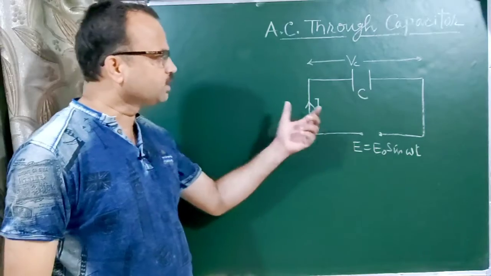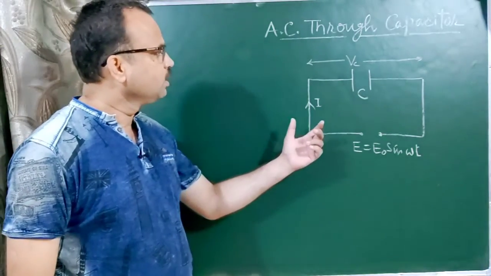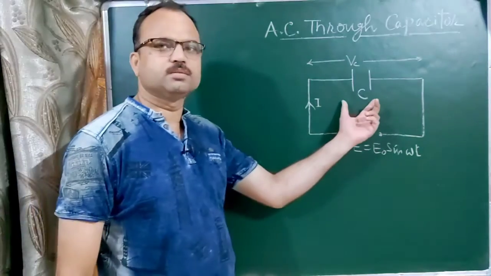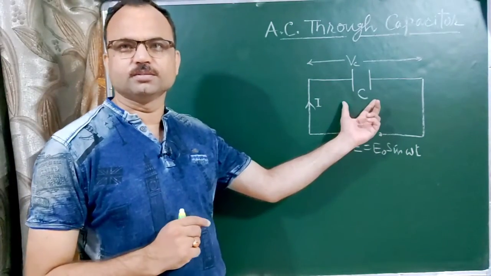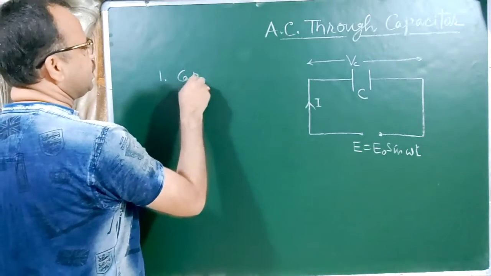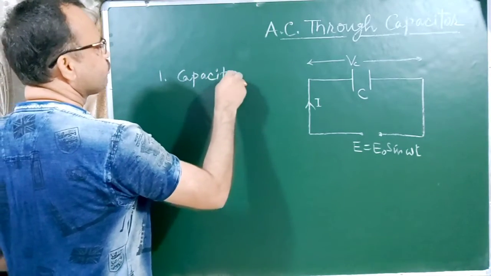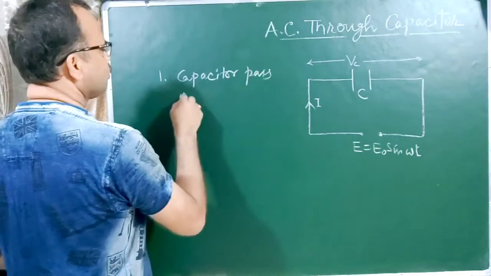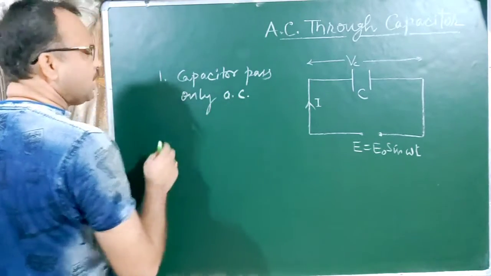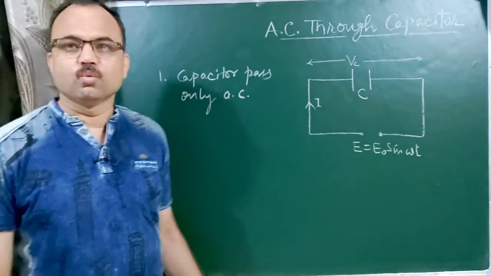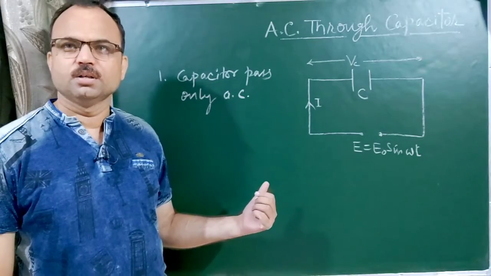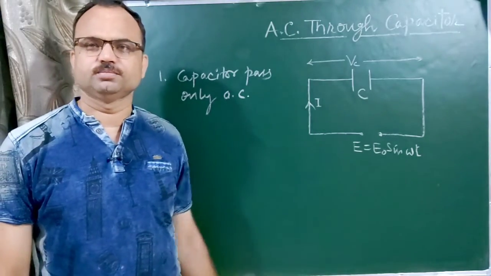The main important thing about this circuit: number one, the capacitor passes only AC. Now the question is, why does the capacitor pass only AC? It does not pass DC.